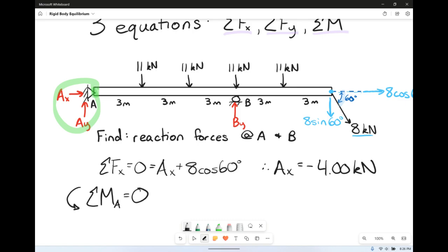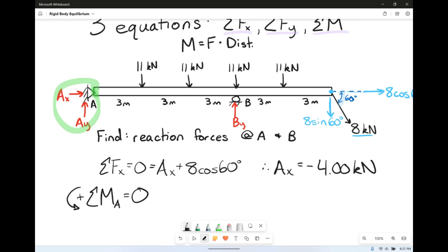I always take counterclockwise to be positive. And remember that a moment is a force times a distance. So when we're looking at the force Ay, it would create a moment about A, but his distance to A is 0, so he doesn't create a moment at A. Ax would create a moment about A, but the distance to A is 0, so he does not actually create a moment.